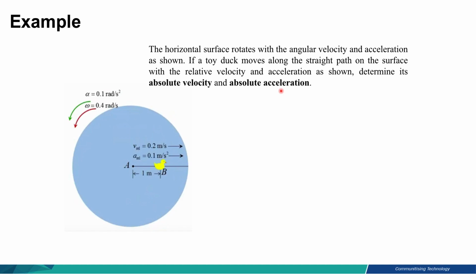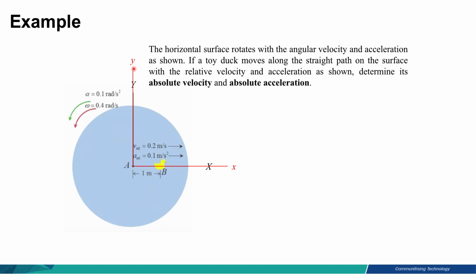toy duck. So in this case, we can set point A as our fixed reference frame. The fixed reference frame is denoted by the capital X and capital Y. And then we set the rotating reference frame, which also coincides with the fixed reference frame. The red colored axis is now labeled as small x and small y.